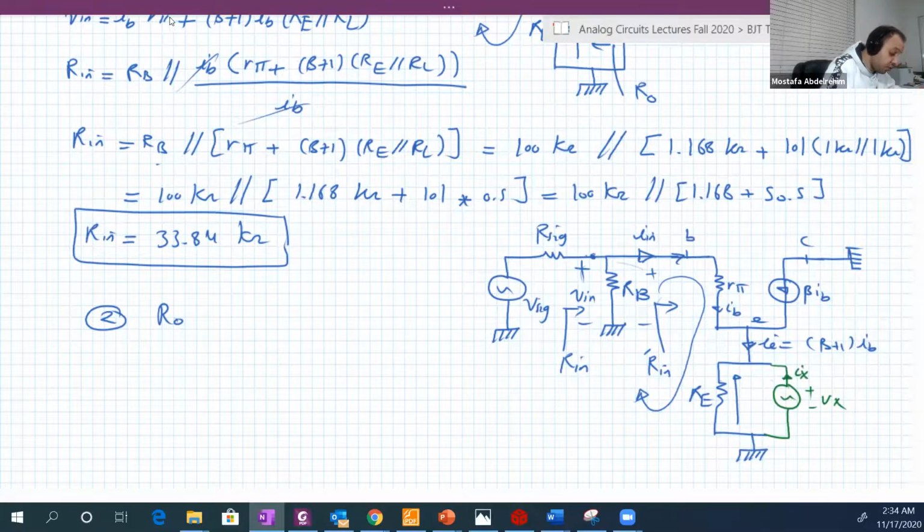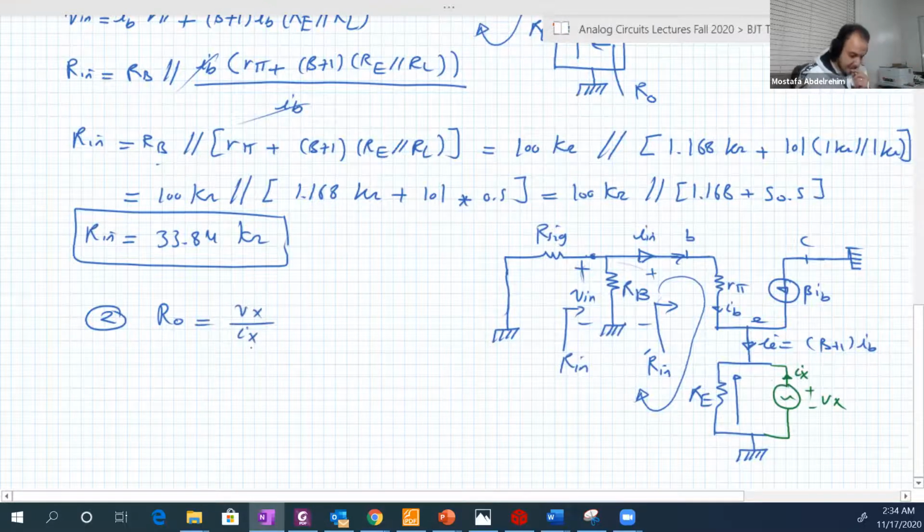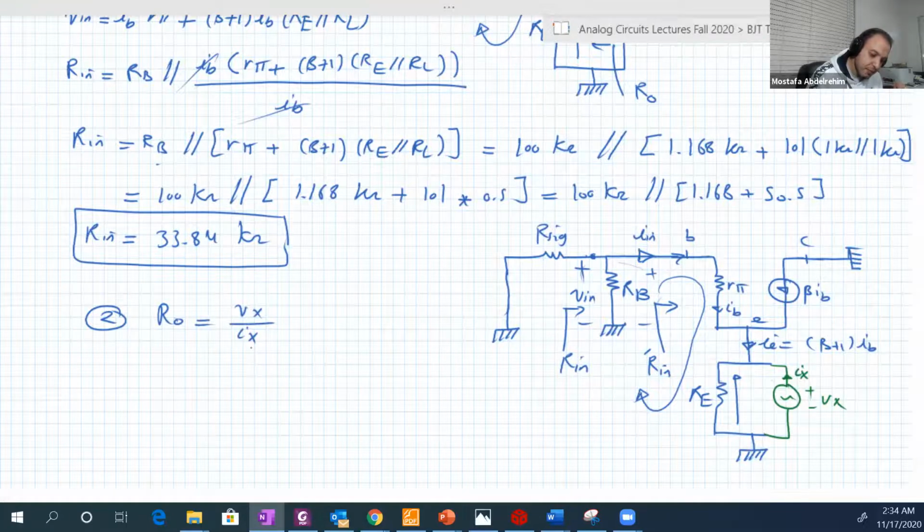And of course, we're going to cancel the source. So we have here one independent source, which is V signal. So we're going to short it. So RO will be Vx over Ix. Okay.